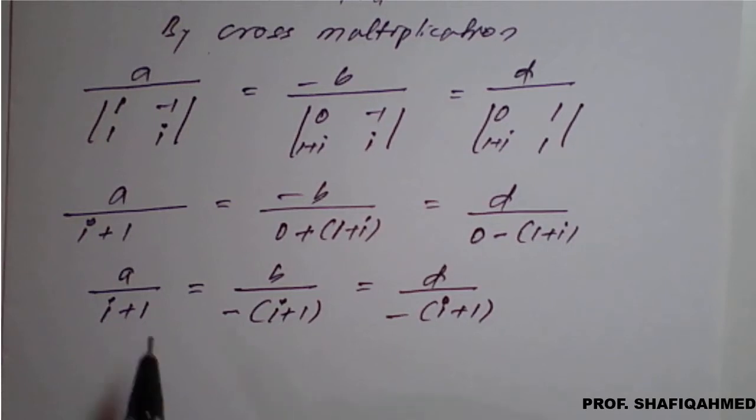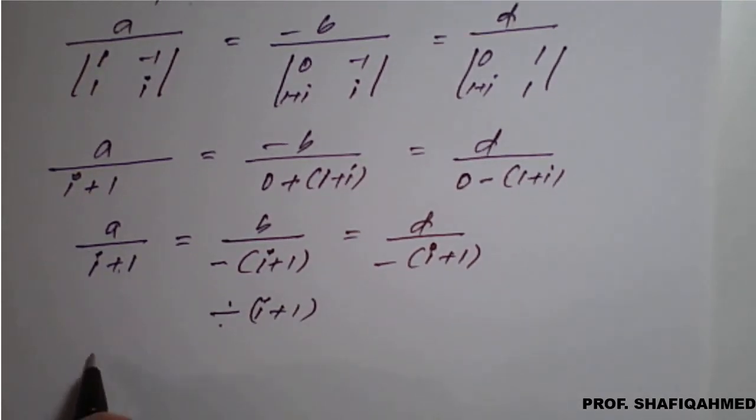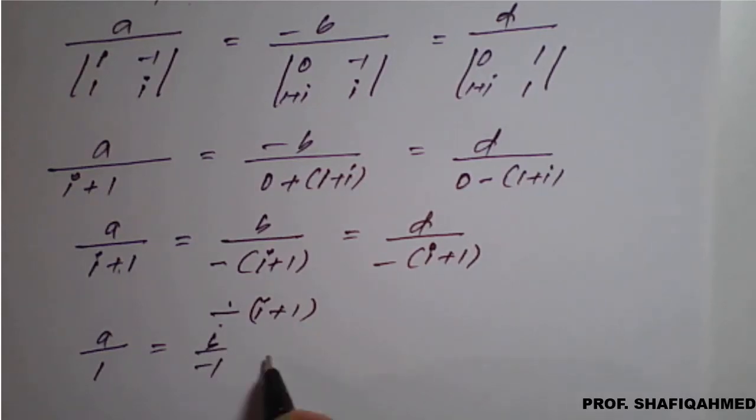All the denominators have i plus 1, so we divide by i plus 1 for all three. So what we get here is a divided by 1, b divided by minus 1, d divided by minus 1.